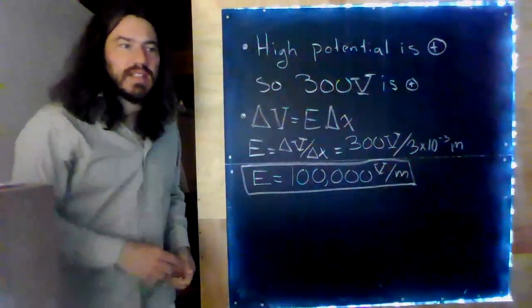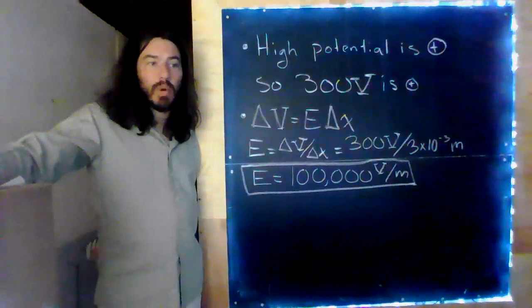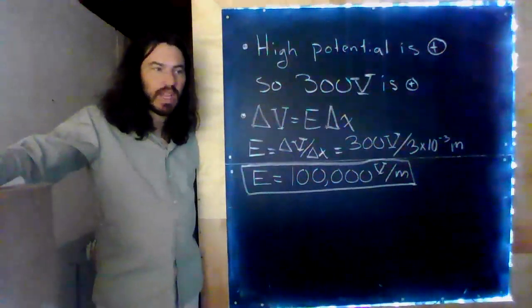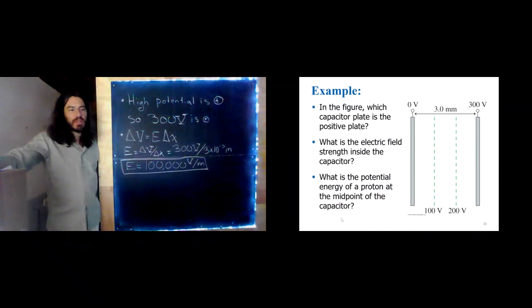So there's our answer. Again, this equation does work anytime we've been given a uniform or approximately uniform electric field. Now, here's a tricky one. What is the potential energy of a proton at the midpoint of the capacitor?